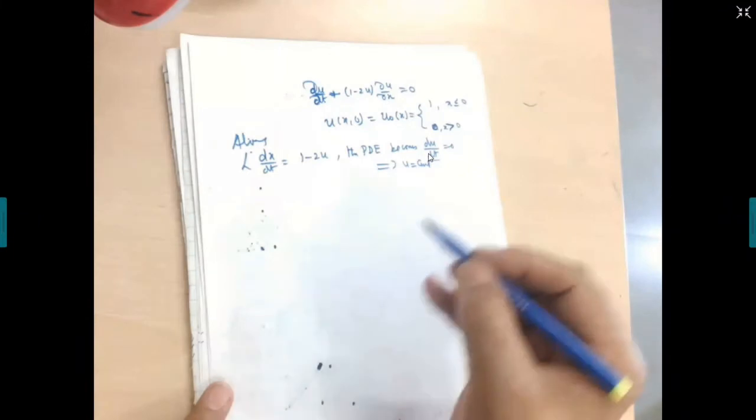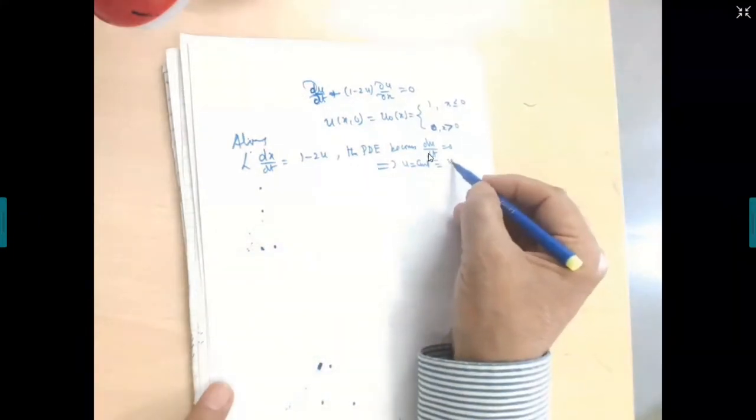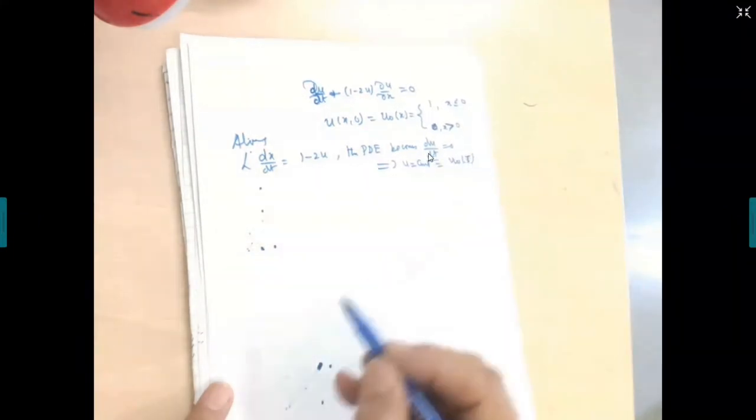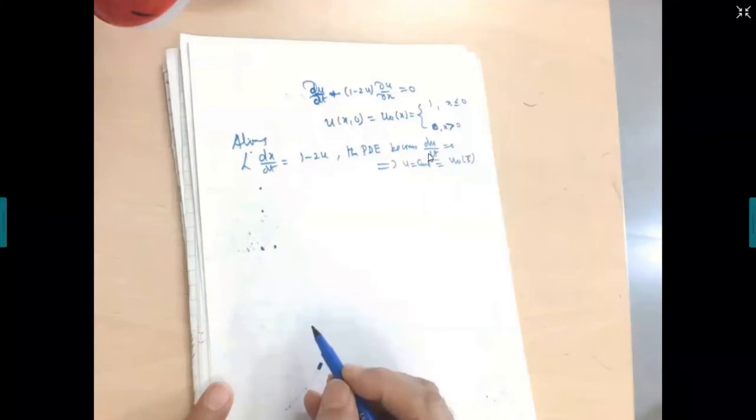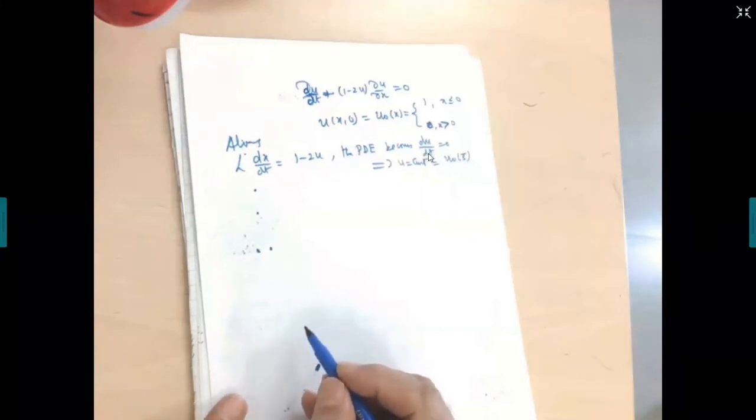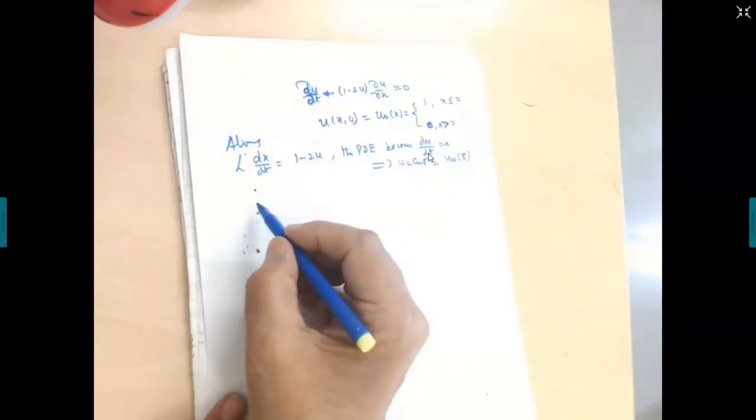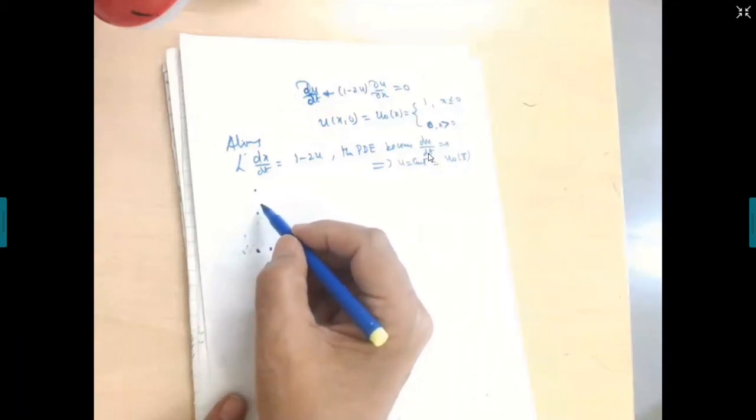Very nice. u is equal to constant means u is equal to u naught of xi. Is that right? So what are the characteristics now?